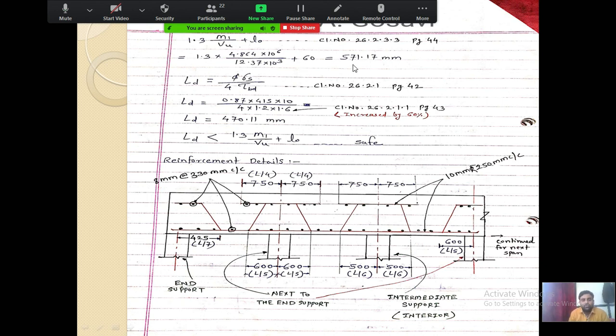So we will get this value, 571.17 mm. Then calculate the development length, 5 sigma s upon 4 tau bd. Sigma s is 0.87 into fy.